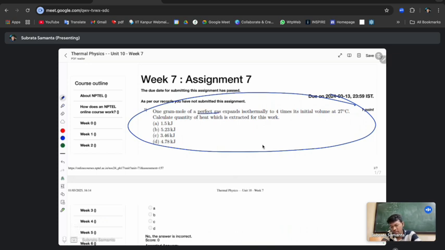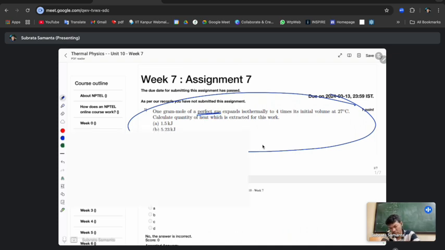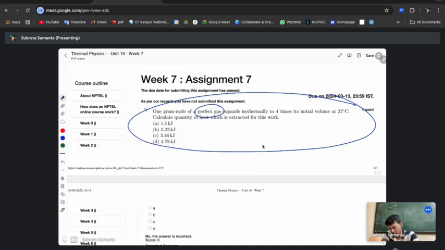Perfect gas means the ideal gas, so PV equals RT. This is the equation of state for a perfect gas, and the gas expands isothermally.